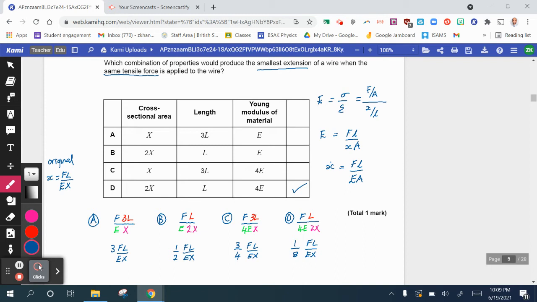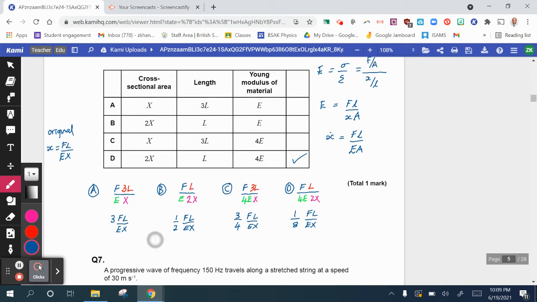E is Young's modulus, as I've done before. And rather than use A for the cross-sectional area, they've used X, so I'm going to use that as the original cross-sectional area. That's just the same formula written using the letters that they have here.